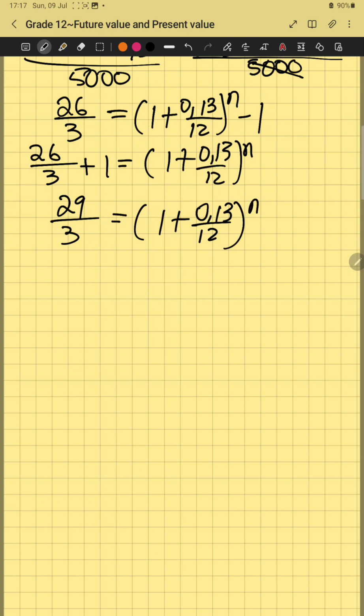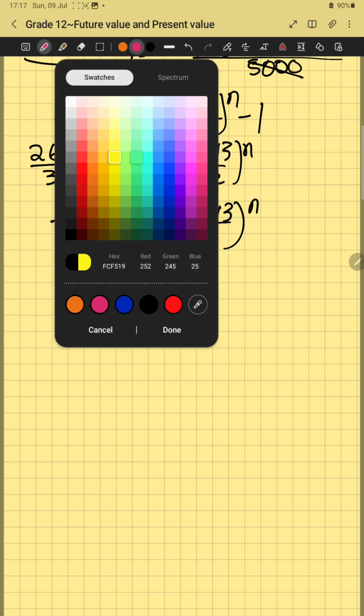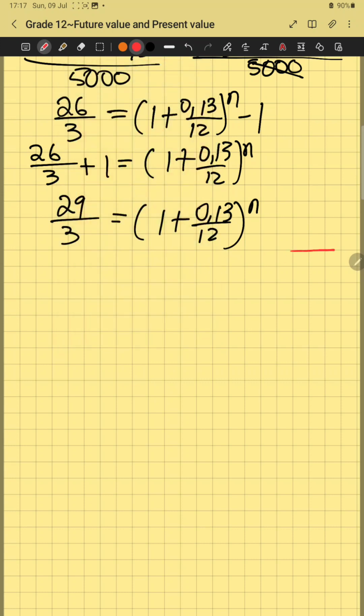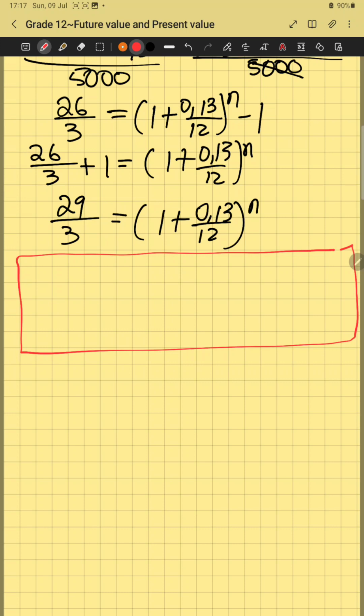Then from here, there is a rule, I think you know that. Let me just use some red. So we're going to change that. Let's say, for example, we've got x is equal to y to the power z.